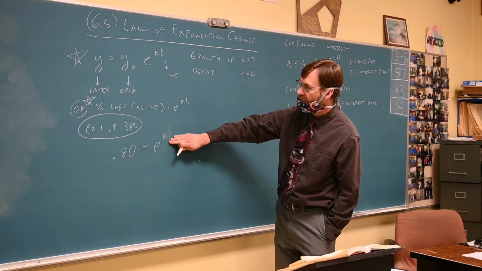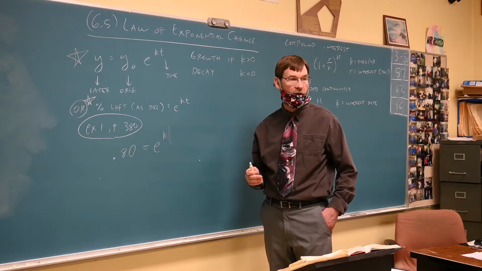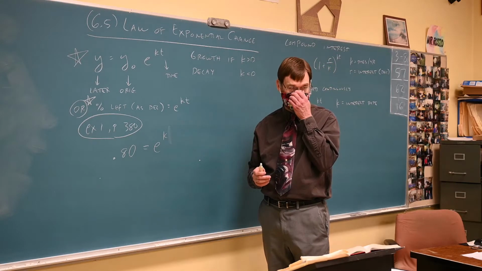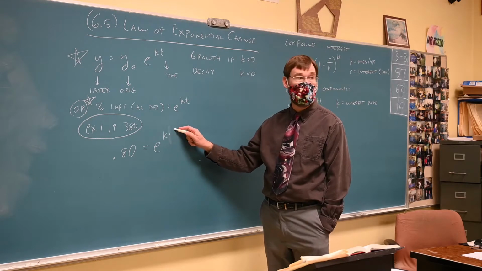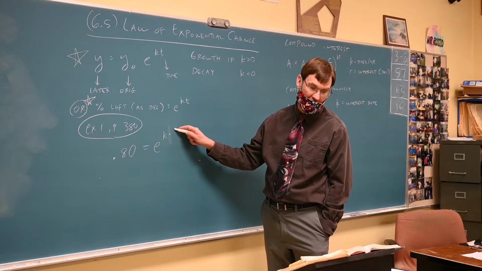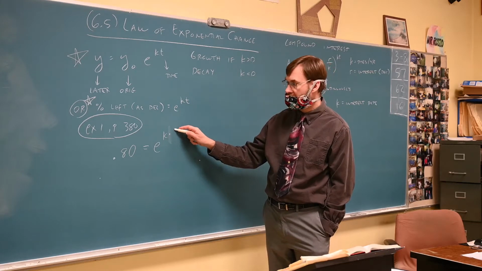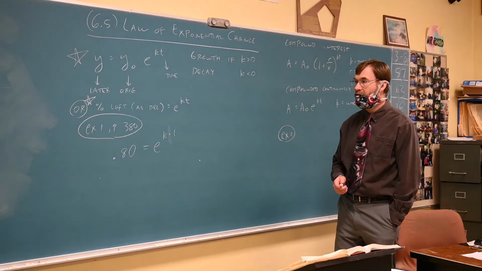But we know the t. They told us 20% of the cases diminished with what frequency, with what time span was the 20% happening? How long would it take to cut the cases by 20%? Every year. So that's a time of what?